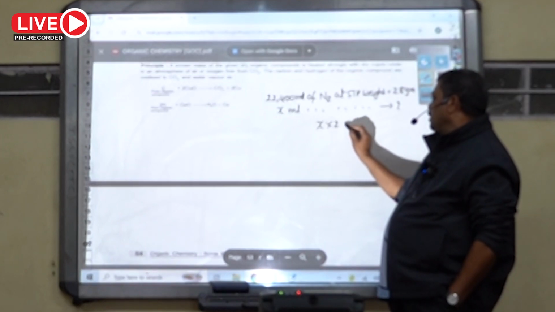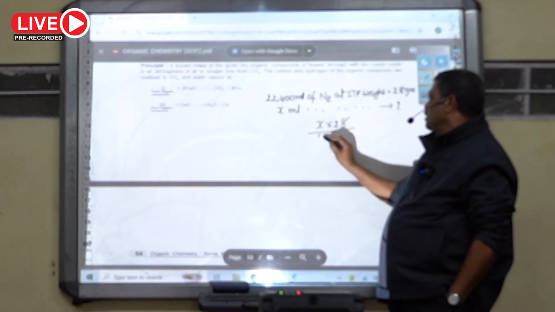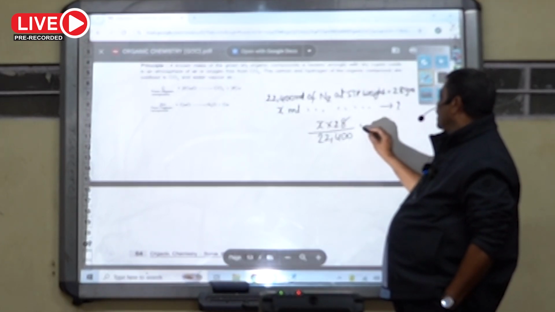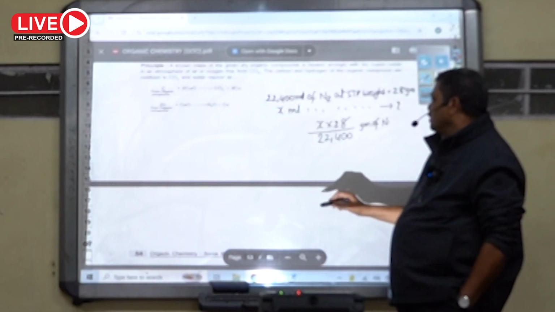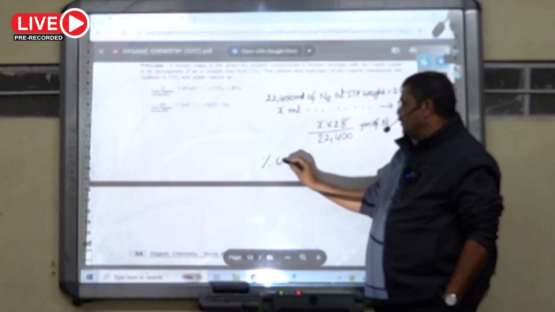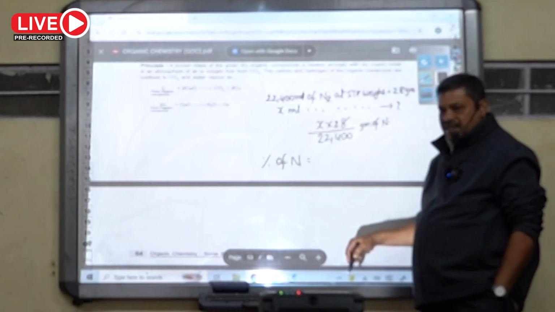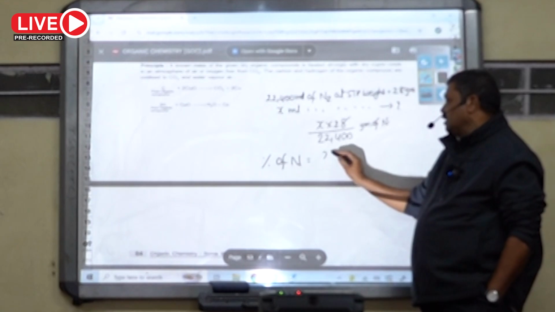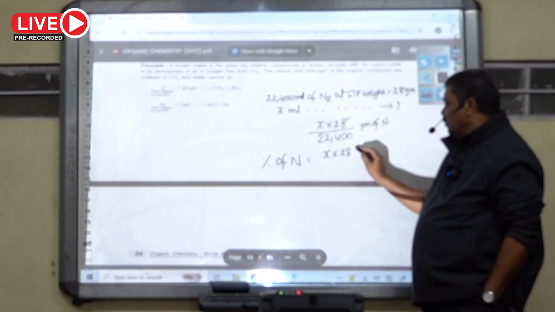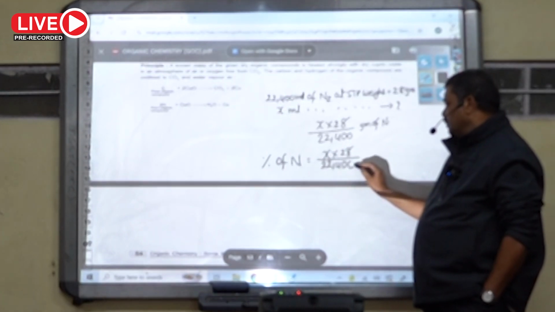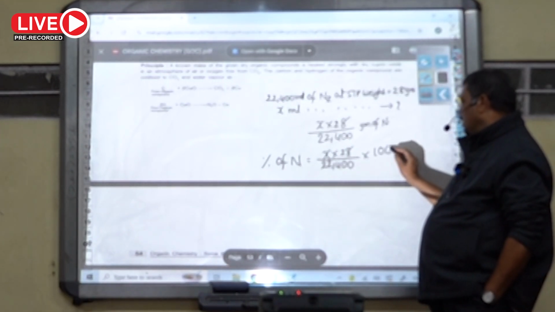So X into 28 by 22,400 gram of nitrogen. If you want percentage of nitrogen, the same fraction is multiplied with 100 by W. That is common. In the previous we have discussed that point. Into 100 by W.